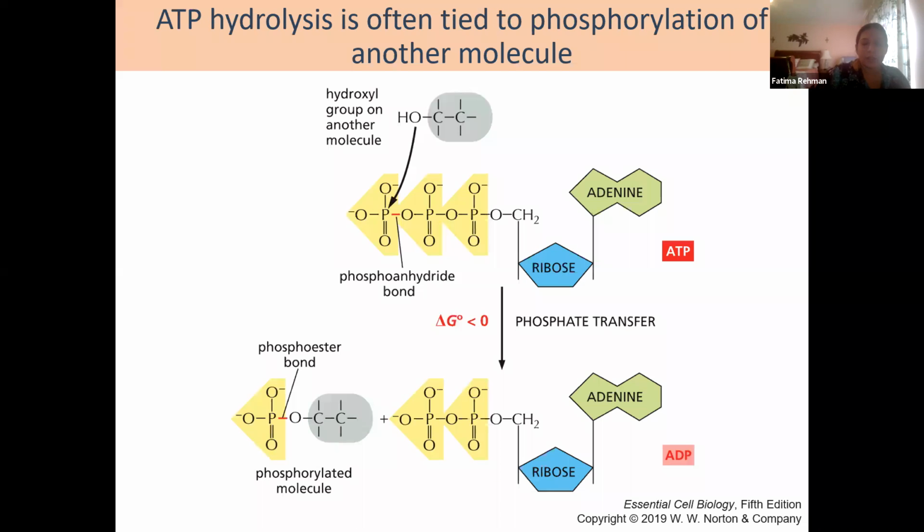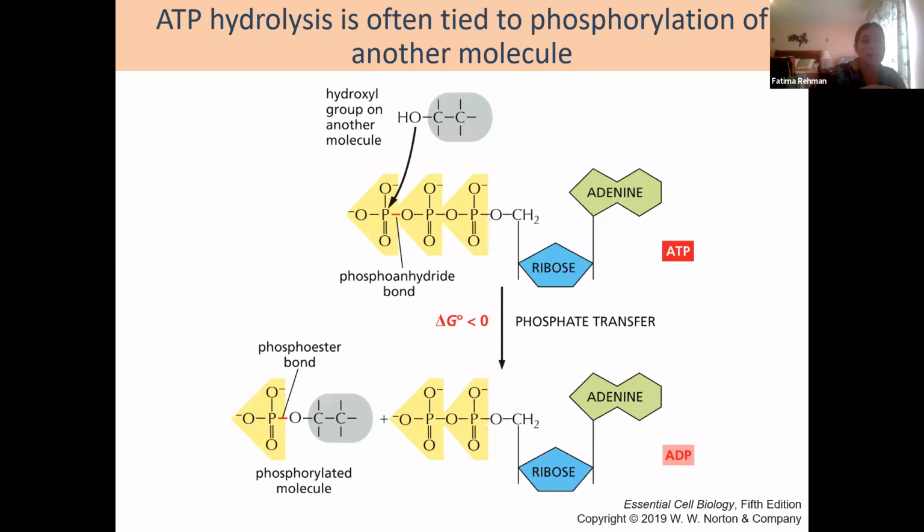So this one we did. ATP hydrolysis is often tied to this portion because otherwise this won't happen, right? So you have to tie it with another kind of reaction, either taking in energy from the sunlight to make ATP, or taking in energy from food to prepare ATP.